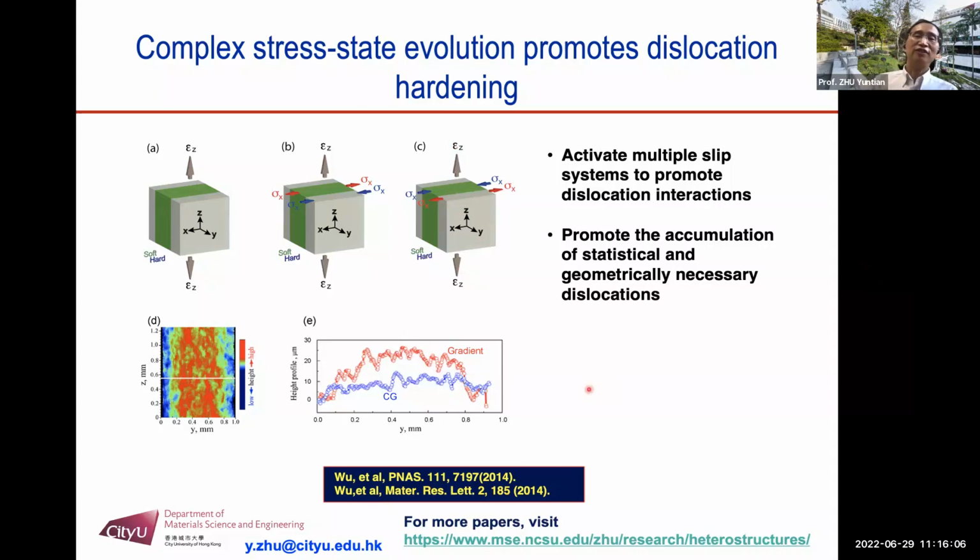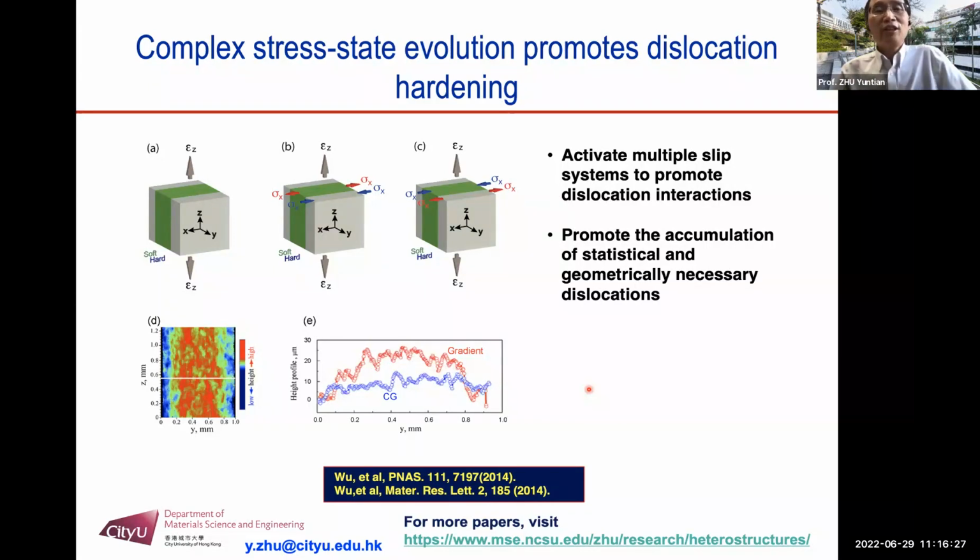Imagine if, in another heterostructure, the soft zone is totally embedded into the hard matrix, it will develop a 3D complex stress.